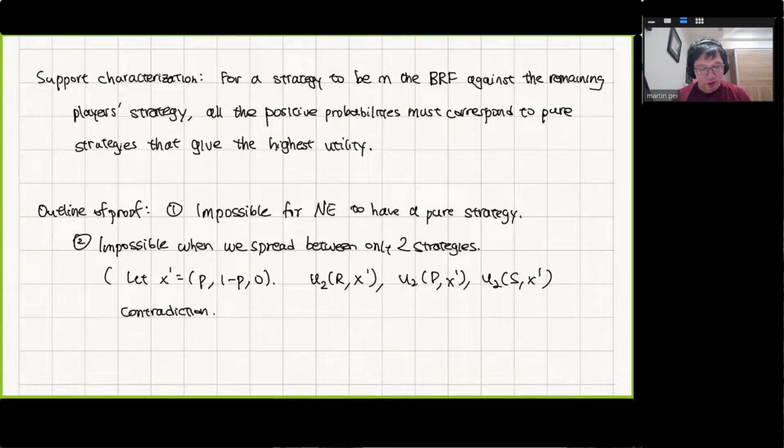The contradiction would probably be that playing paper would be the best strategy. So the contradiction would be U2.